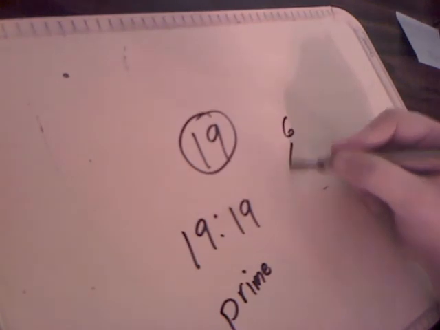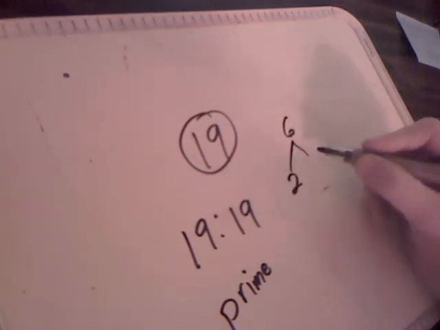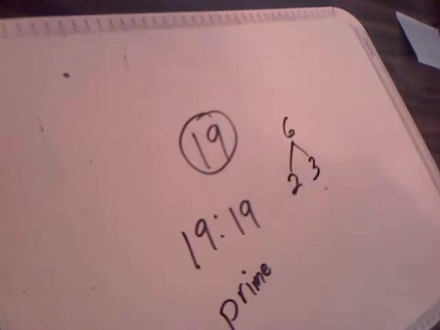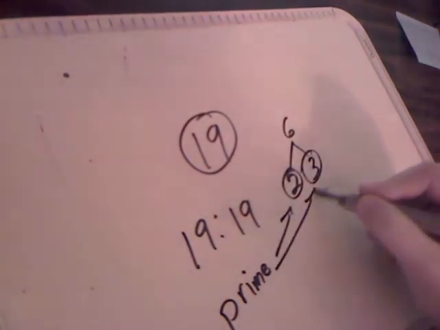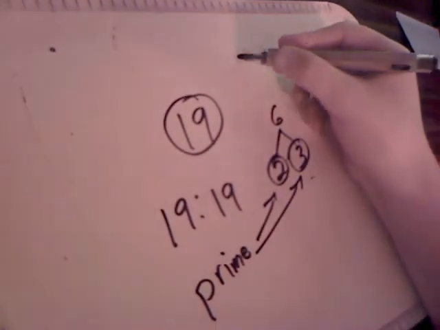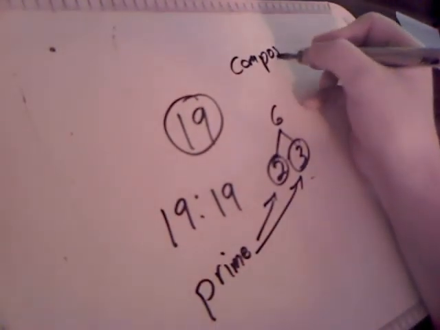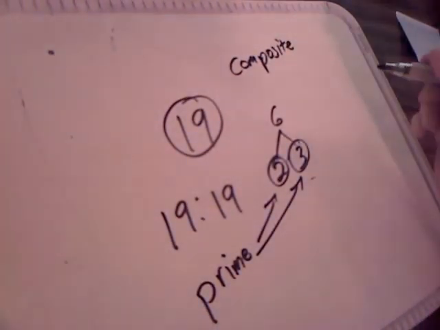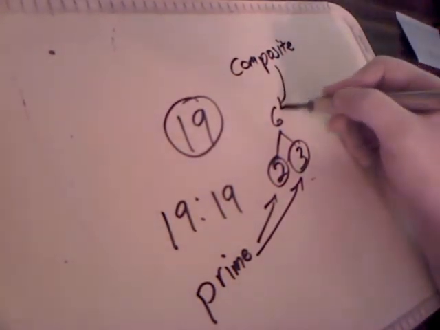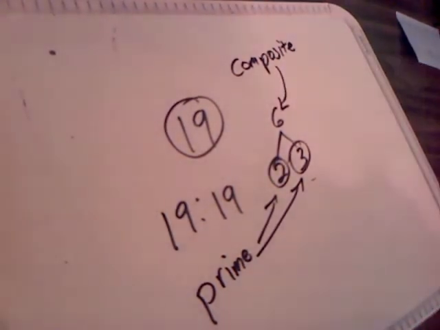So if we're going to make a factor tree of 6, these are prime numbers. A composite number is a number that still needs more roots or more branches. 6 is a composite number because it's composed of prime numbers.